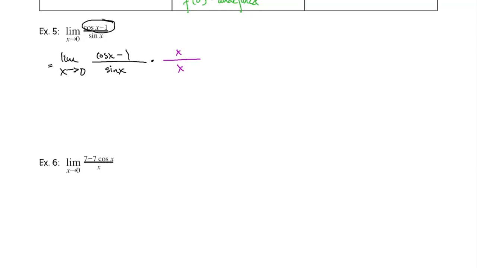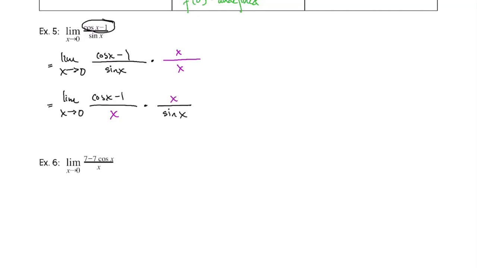That would make our life much easier. And so we have the limit as x approaches 0 of cosine x minus 1 over, let's bring that purple x over, times sine x is still in the denominator and the x is in the numerator. Okay.